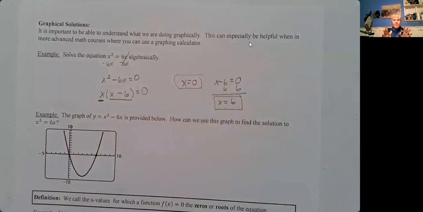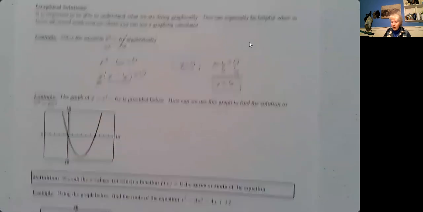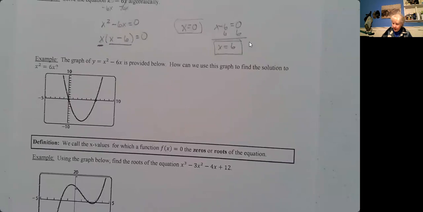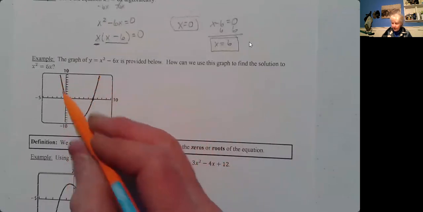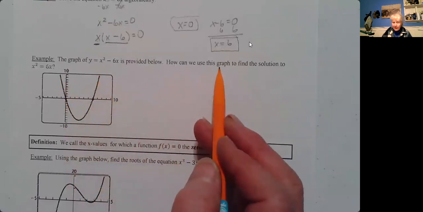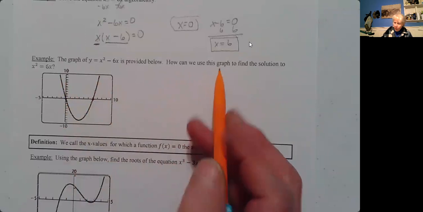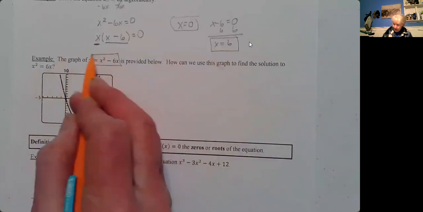Well, let's graph it. Whenever you have an x squared, it forms what we call a parabola. And this is a picture of the screen on a graphing calculator. Now, how can we use the graph to find the solutions? Well, when you set this equal to 0, you have this right here.